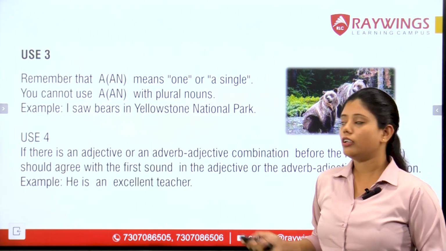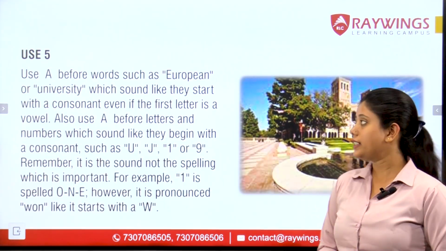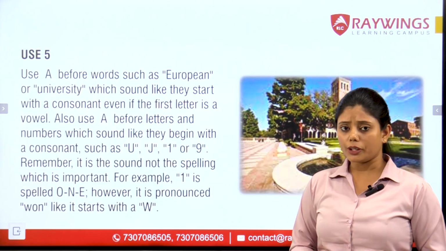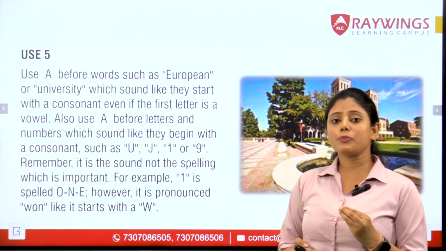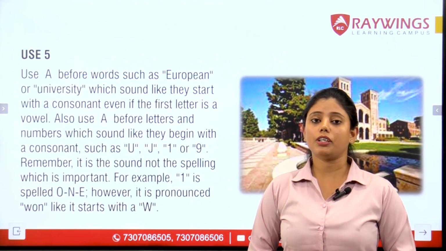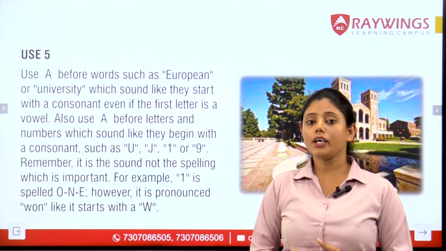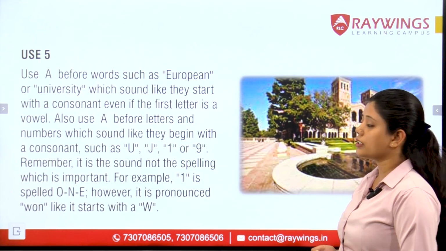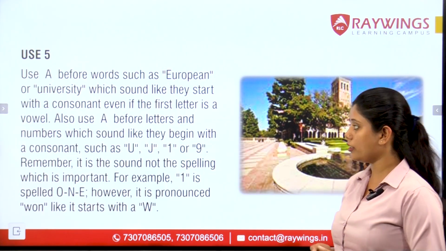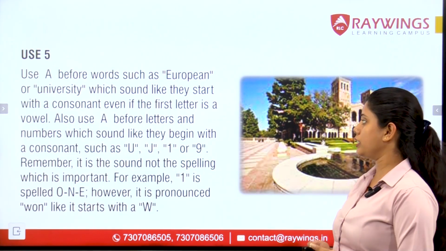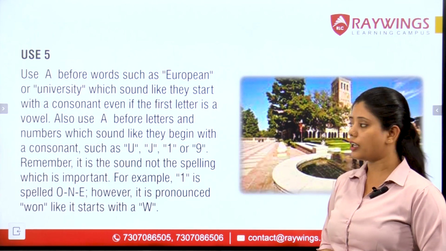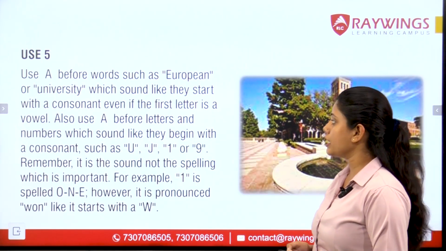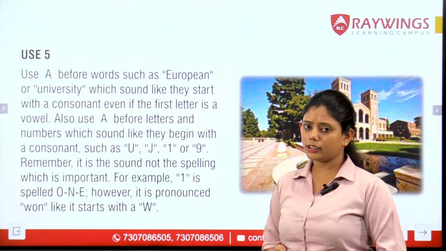The next rule, rule 5, says there are some words, remember, which may look like they are beginning with a vowel, but they actually are not. Use article a before words such as European or university, which sound like they start with a consonant even if the first letter is a vowel.